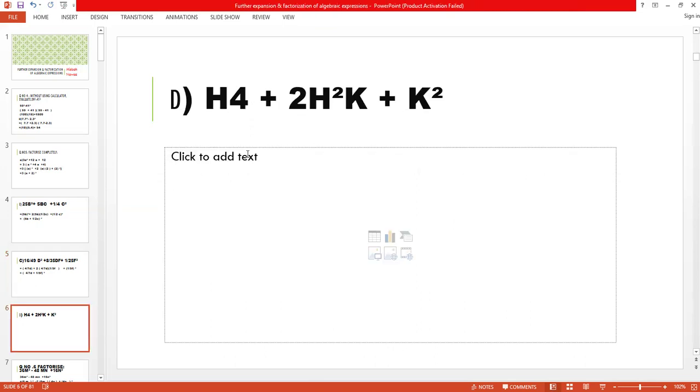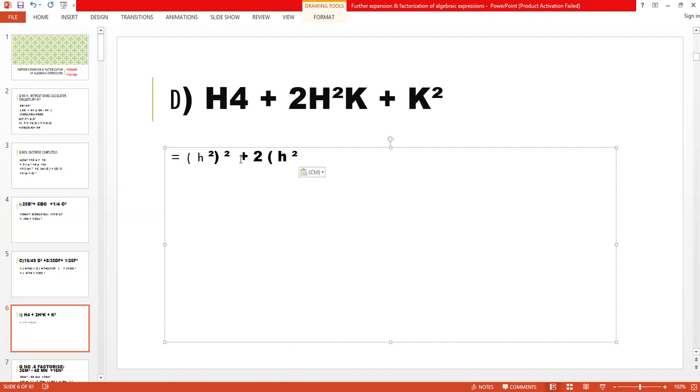Okay, very much easy. H4. So here first of all you have to write which variable you have to multiply 2 times to get h4. That is obviously h square. और फिर इसका आपने होल स्क्वायर भी लेना. प्लस 2 फर्स्ट टर्म, that is h square, and then you have to write the second term, that is k.